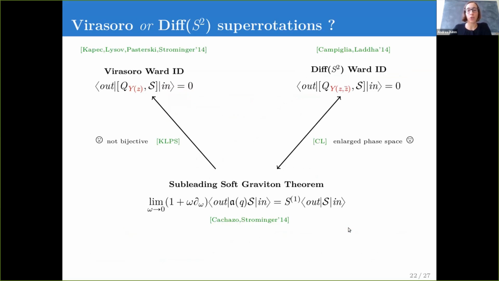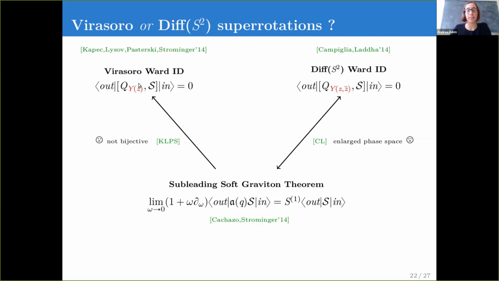So what was shown is that the subleading soft graviton theorem implies a Ward identity for Virasoro symmetry when this vector field Y is holomorphic. Unfortunately, it appears that this relation is not bijective. And this has led people to suggest that perhaps we should extend the Virasoro symmetry group to all of diffeomorphism symmetry.